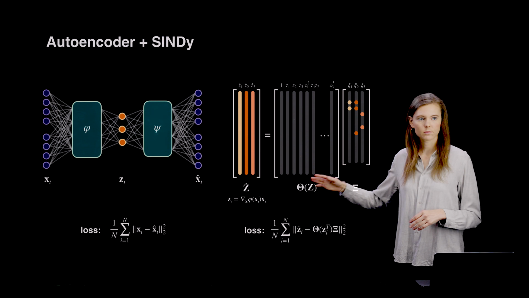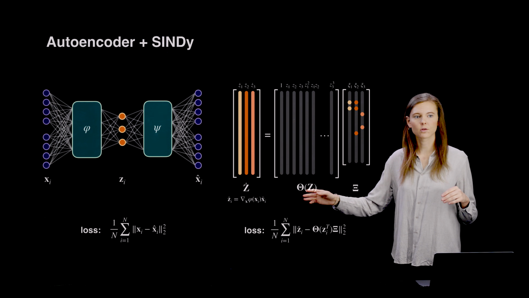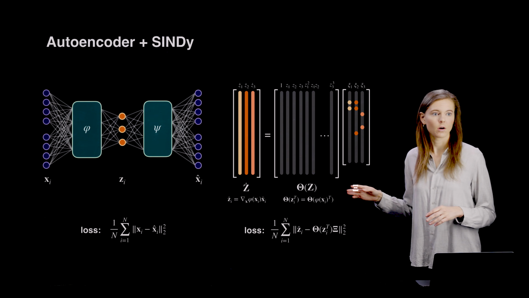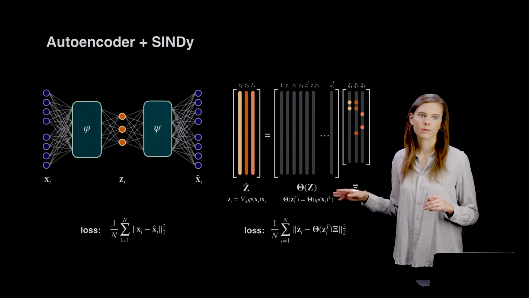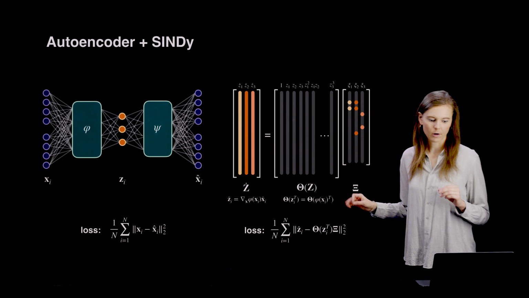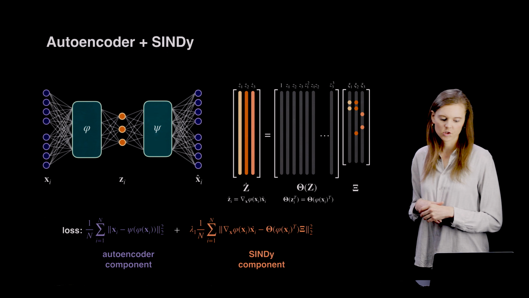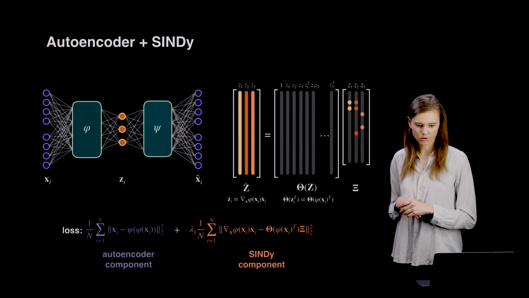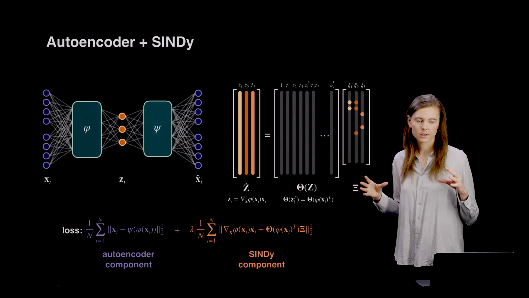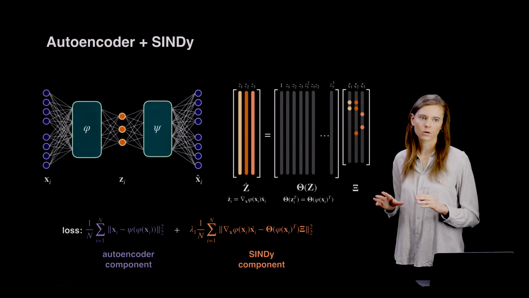So here you see we can rewrite the derivatives in terms of the gradients of the encoder, and then we can similarly rewrite the library functions in terms of the weights of the network. And then this just gives us a combined loss function shown here, which is rewritten in terms of the encoder weights and coefficient matrix.